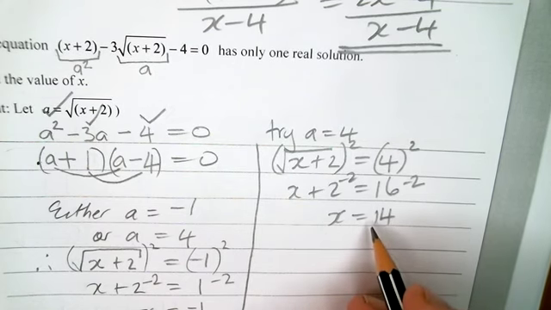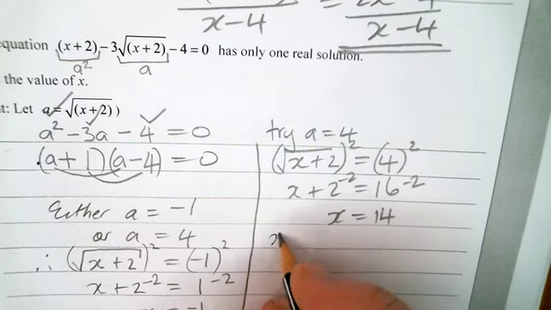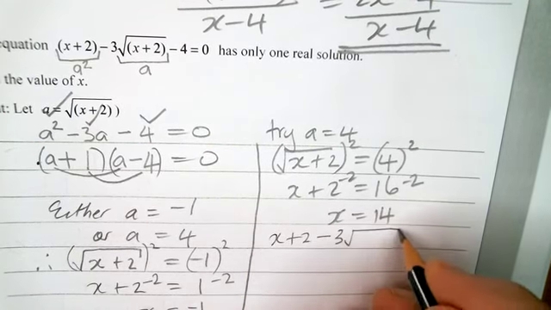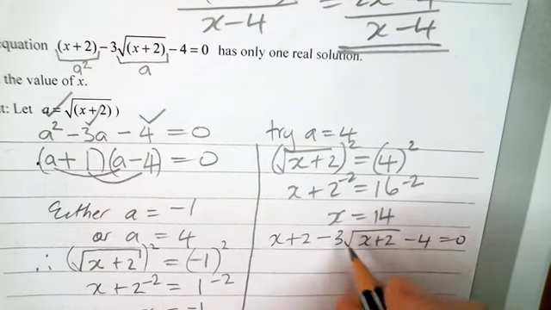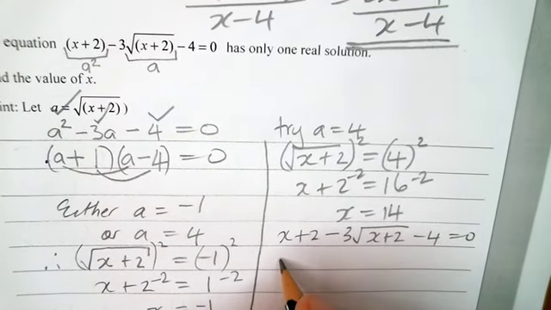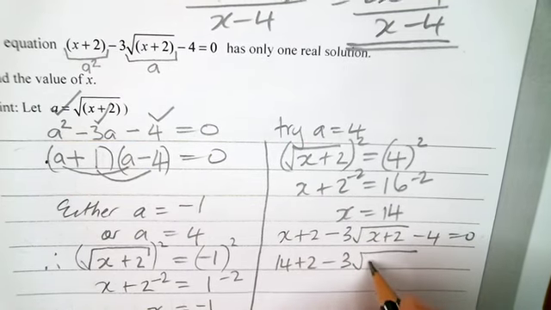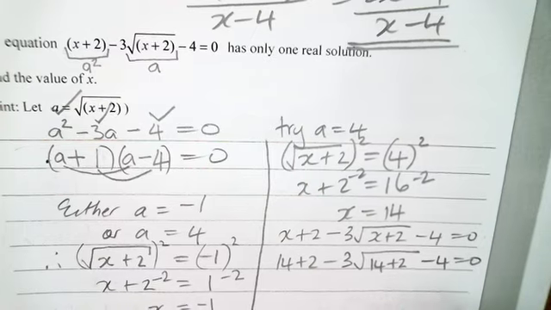Let's see if that plays out okay. Here's the original equation. X plus 2 minus 3 root x plus 2, all minus 4 is 0. Throw a 14 in here. Well, I've got 14 plus 2 minus 3 root 14 plus 2 minus 4 is 0. Let's see if it works.